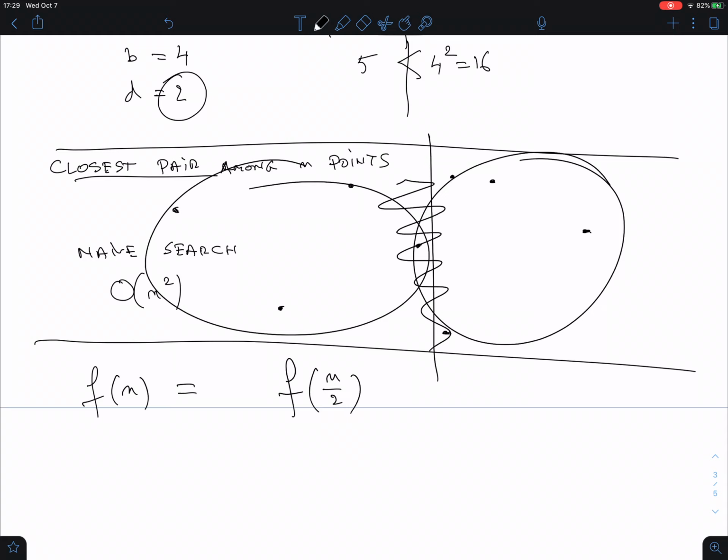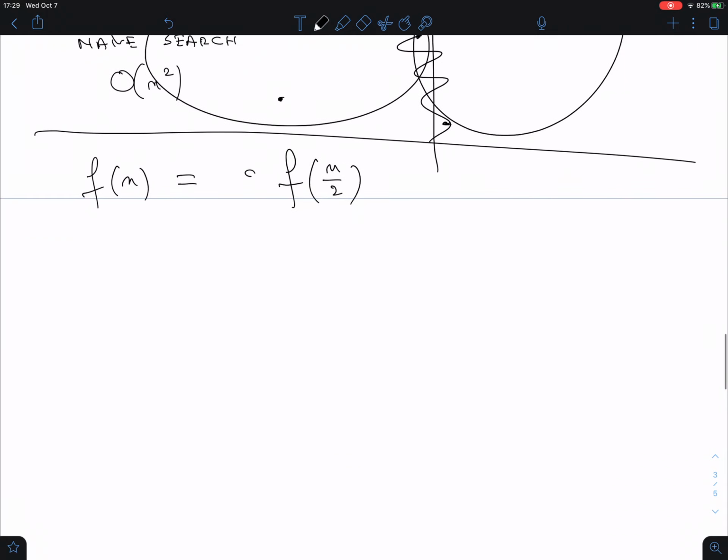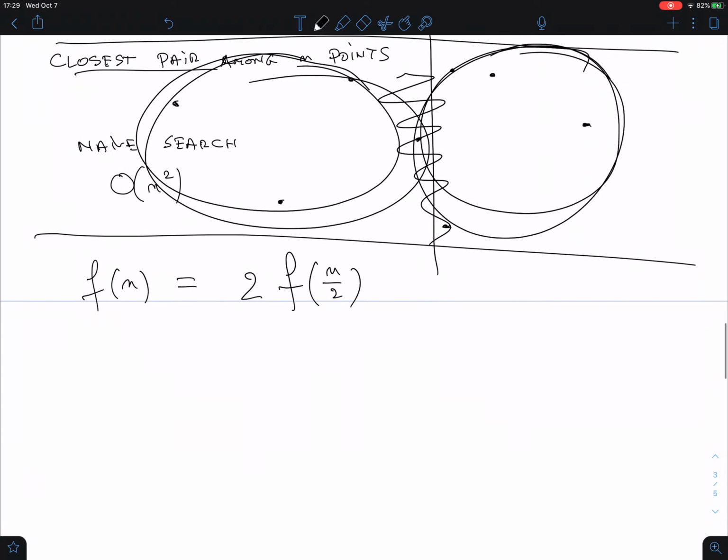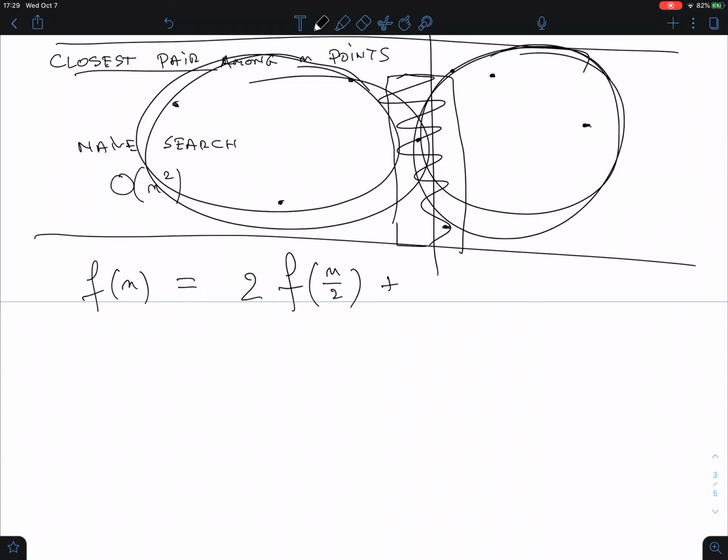And you have to analyze that as well. It turns out, since we have to look at the left hand side and find the closest pair there, and the closest pair on the right hand side, we have to do it twice. And then we also have to look at the boundary, which is a small strip. We have to see whether there are any better solutions there.